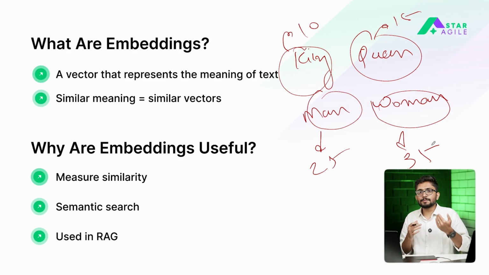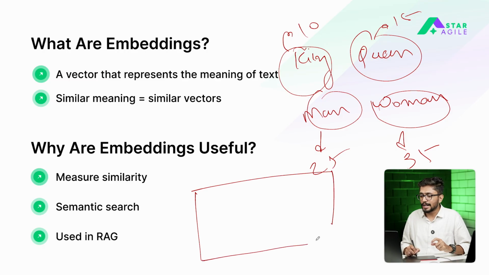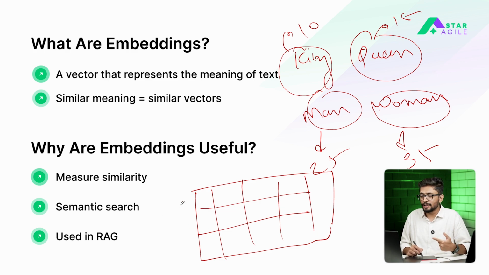So contextually speaking, when you convert these words into their respective vectors, internally there is a matrix which contains the vector embeddings for each of these token IDs, right? So we know now that each and every word is stored as a token, but there is also a matrix that is created which stores the embeddings for each and every token.